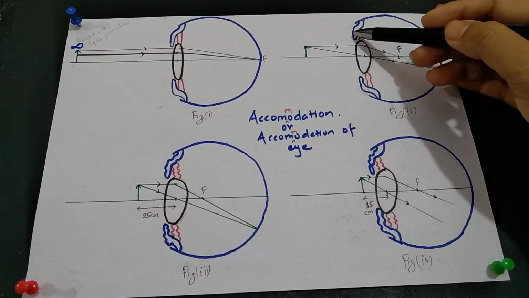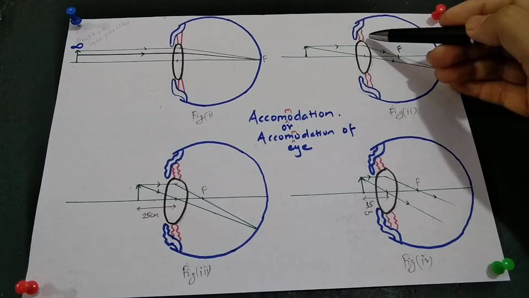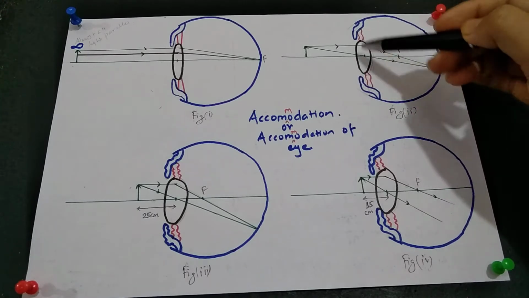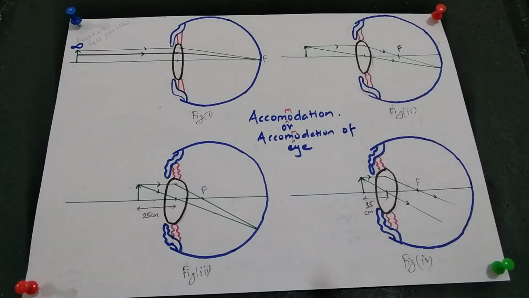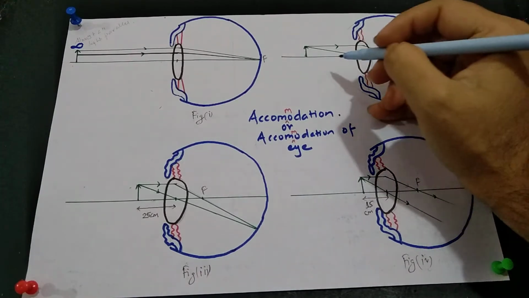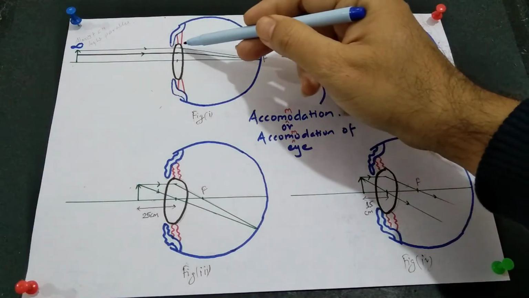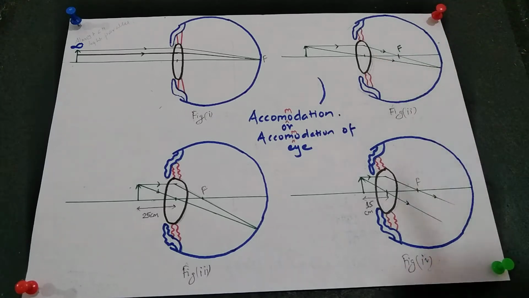When the ciliary muscle shrinks, this red structure loses its tension and the lens becomes a little thick, I mean to say more curved. The lens has become more curved than in this picture. Here you can see the lens is more curved.